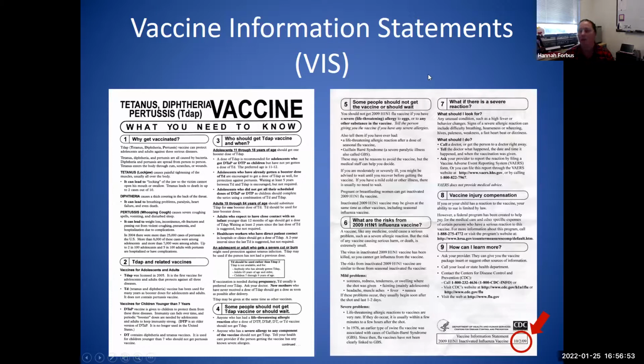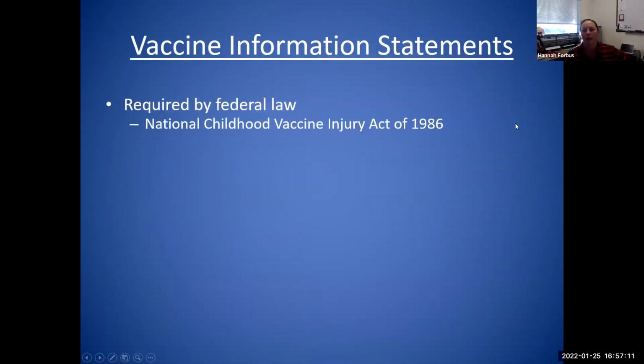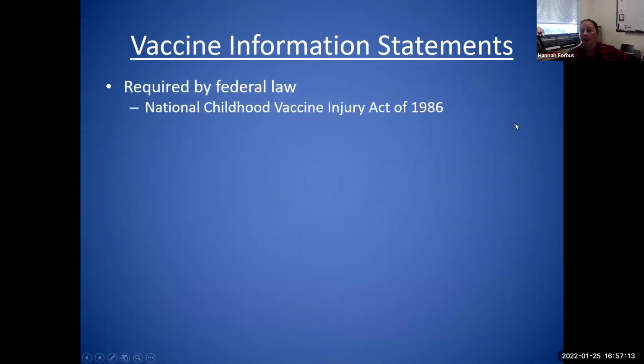Okay, so vaccine information statements, the VIS. These are put out by the CDC, and they are updated periodically. They're always going to have a date on them, and you have to make sure that you are always giving it to your patient or your patient's caregivers, parents, or whoever their legal guardian is. It's required by federal law.